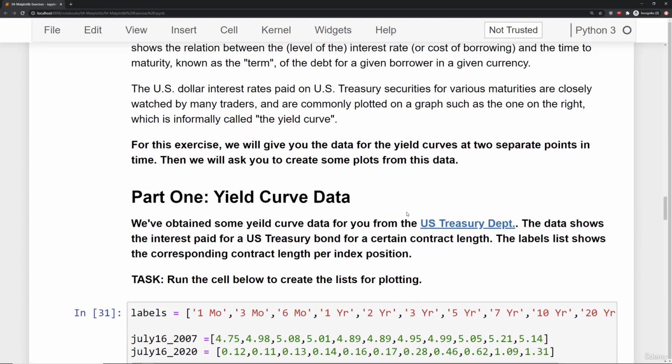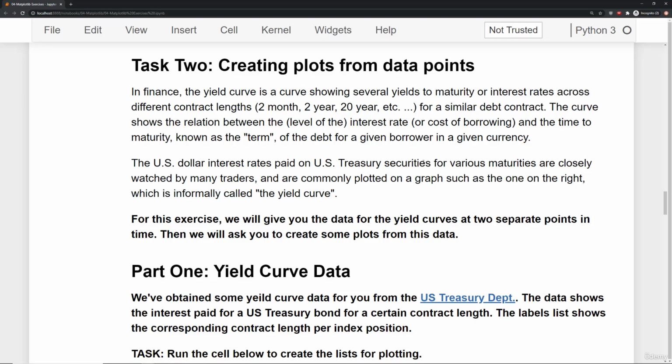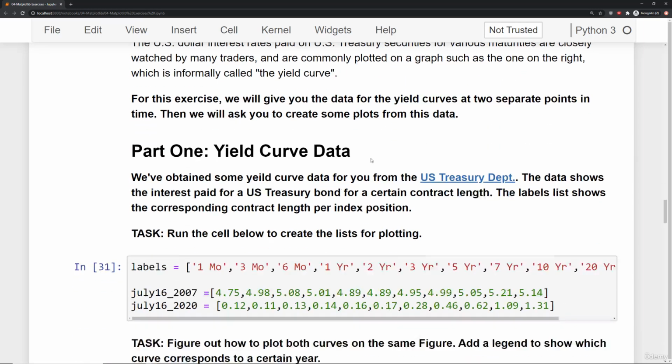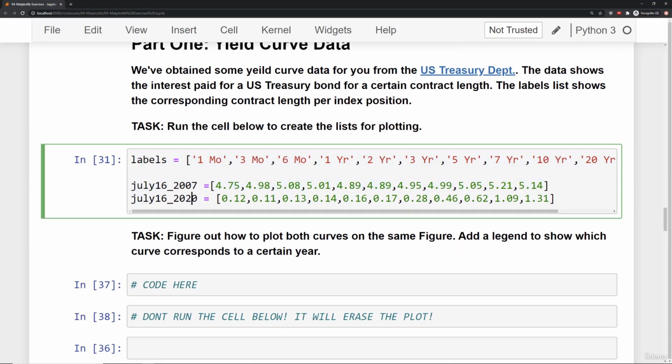So if we actually plot out yield curve data, which is the actual interest rate paid depending on the maturity of a US Treasury bond, then what we can see here is there's 3 lists or arrays already created for you. There's labels and then the interest rates for July 16th of 2007, and then the interest rates of July 16th for 2020.